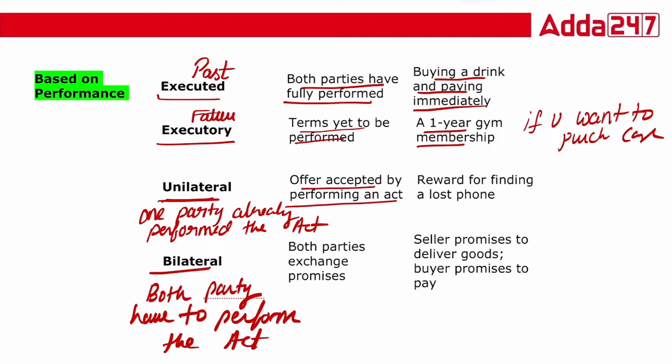This is called bilateral. So bilateral, both parties exchange promises. Example of unilateral, reward for finding a lost phone. Exactly. Suppose you just found a lost phone of Mukesh sir, and now Mukesh sir has to give the reward. This is called unilateral. And bilateral, seller promises to deliver goods, buyer promises to pay. So this is called bilateral.